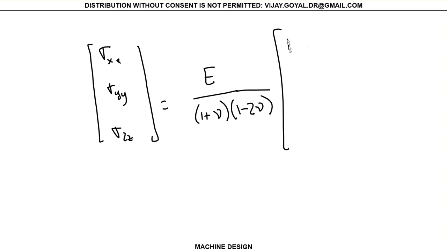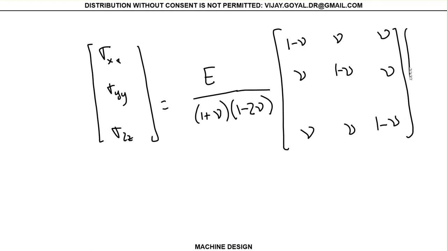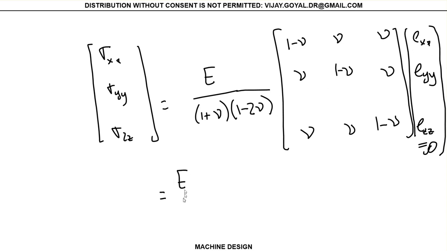The matrix has 1 minus nu, nu, nu, and so on, with 1 minus nu on the diagonal, and then this is going to equal exx, eyy, ezz, which we know is equal to 0. So this guy is 0. If I multiply the whole thing, you can show that you get the following expression.